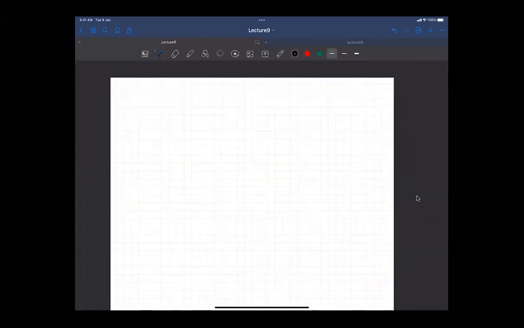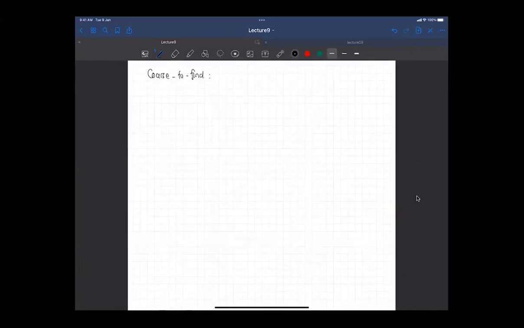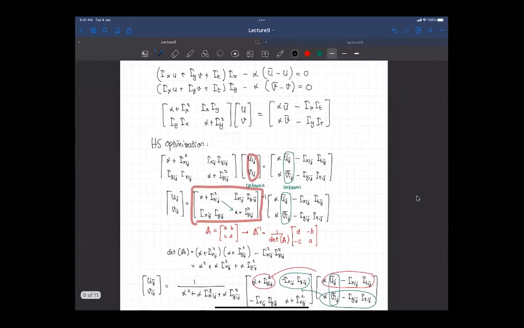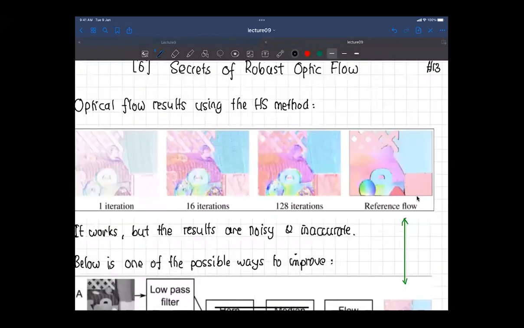And the other secret, the other ingredient, is coarse to fine. The modification is about the Horn and Schunck algorithm, right?